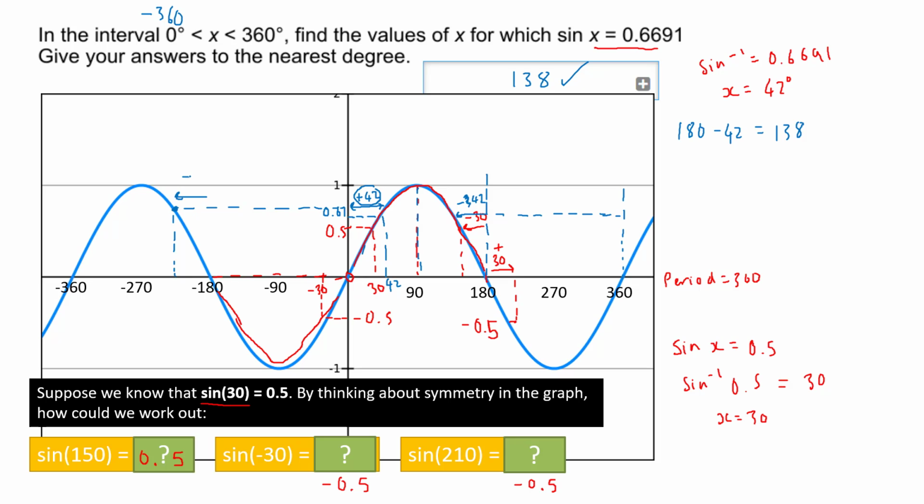Can you see that is minus 42 this way from minus 180? So minus 180 minus 42 would equal minus 222, and that would work. And you can try it on your calculator if the range was from minus 360 to 360. And I hope you can see that. If I shade that in, that might help.